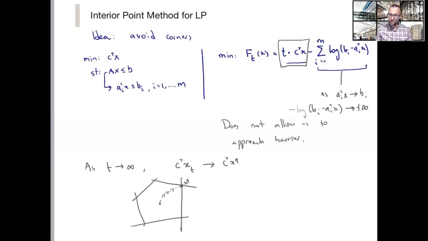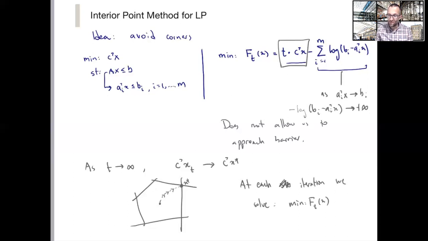But at the same time, you can see that at every single step, all we're doing is solving an unconstrained convex problem. Let's just check convexity. And indeed, at each iteration, we solve: minimize f_t of x to get the solution x_t.